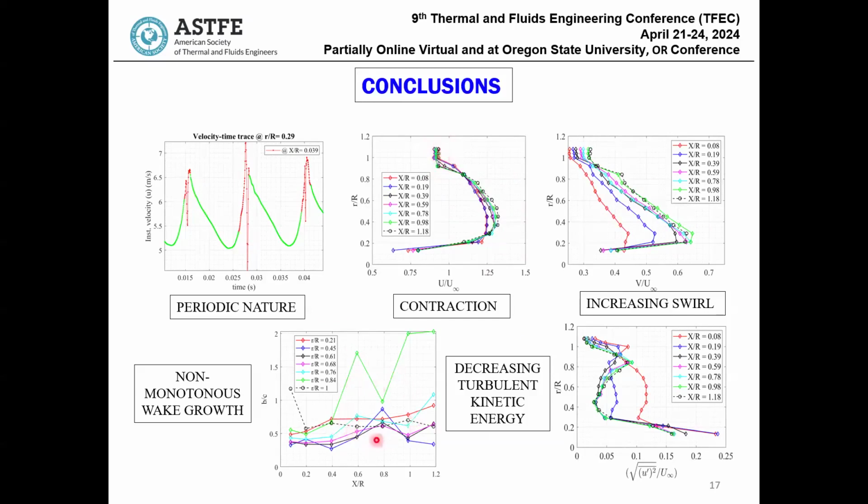In the wake width plot, we saw that the wake width growth is non-monotonous in nature, and the tip vortex wake growth is much more prominent than other locations. And also the turbulent kinetic energy is decreasing since mean kinetic energy is increasing.